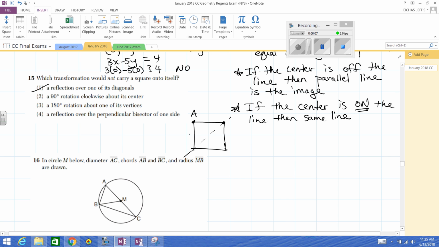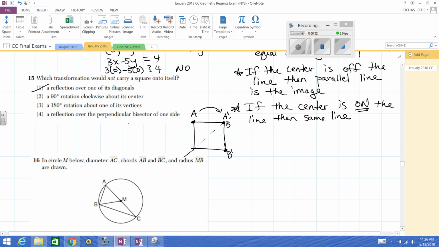If we go with a 90-degree rotation clockwise, that's this way, A would land on this point. So the point doesn't get back to its original location. It just gets to another location that is also on the figure. So now B would move to B prime. So basically every point has a match.